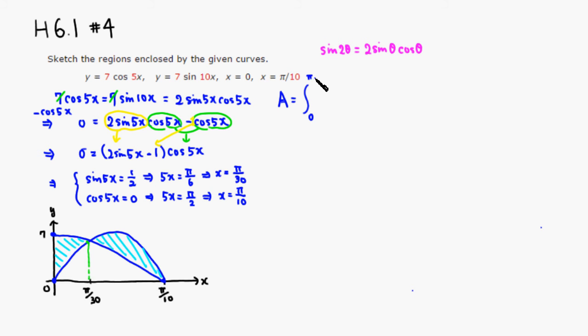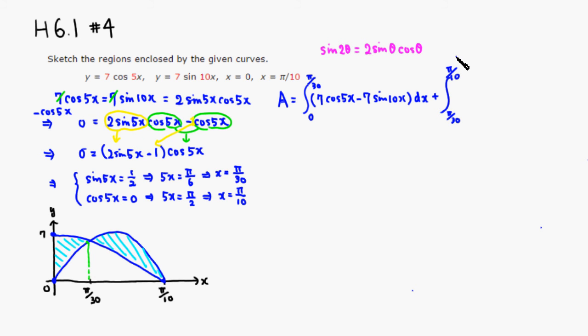Then the top curve in this case is cosine, so you have 7 cosine of 5x minus, the bottom one is the sine curve, 7 sine of 10x, dx, and plus the integral from pi over 30 to pi over 10.